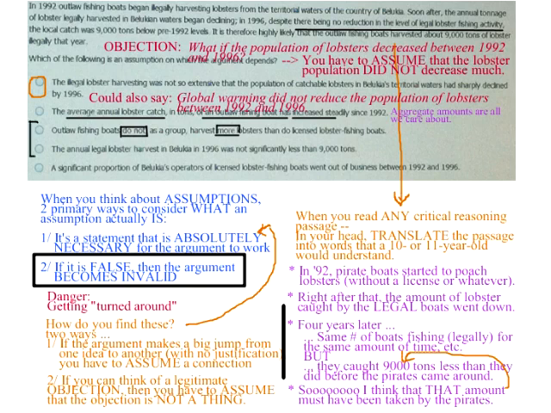These answer choices are very closely related to each other. They are both about the pirates' harvest being more than the legal harvest. The relative amounts don't make any difference. The point is just that there is a decrease of 9,000 tons of lobsters.